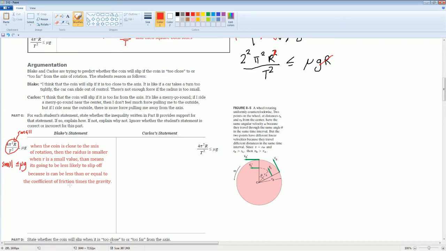So the closer it is, if the object is closer to the axis of center of rotation, it's going to be pulled into the center more, all right? What is attracting it going inwards is basically mu times g, gravity, right? So it's basically the gravitational force pulling in the object.